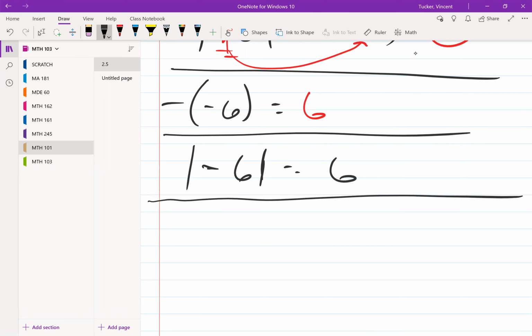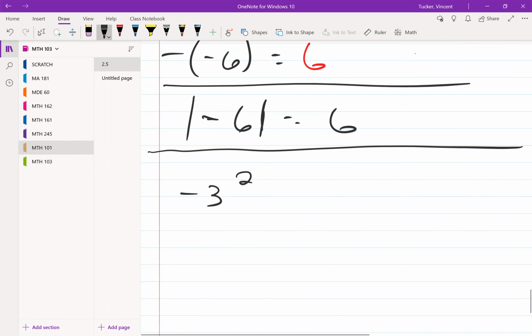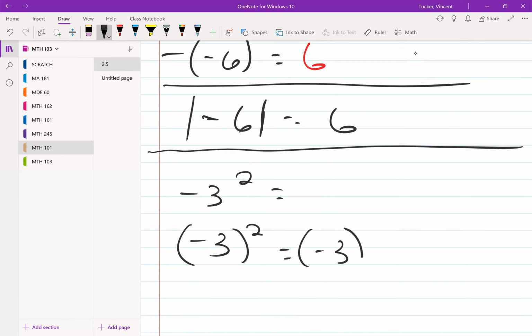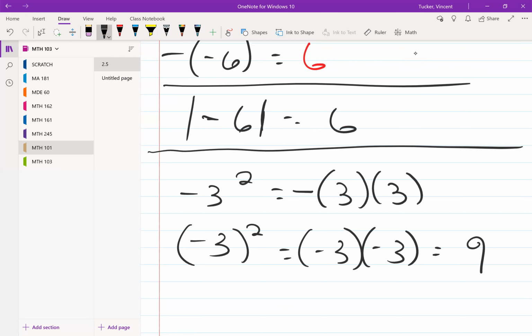Another thing you may come across, let's say if you have -3 squared versus -3 squared with parentheses, you have to be careful here. When you're using parentheses, what's being squared is the whole -3. So it's -3 times -3, which will give you a +9. But if you do not have parentheses, that negative is not being affected by the square.